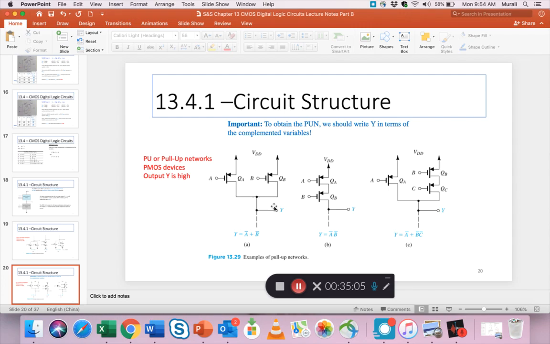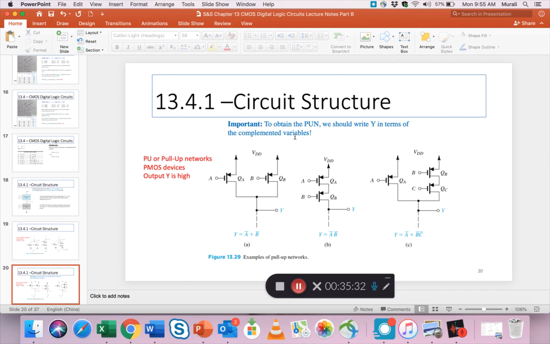Same thing here, but we are talking about the pull-up side now. Okay, so pull-up networks, PMOS devices, output is high. Parallel, series, series parallel. Here's an important rule that we use a lot in the textbook, and so I will read it out to you. To obtain the PUN, we should write Y in terms of the complemented variables.